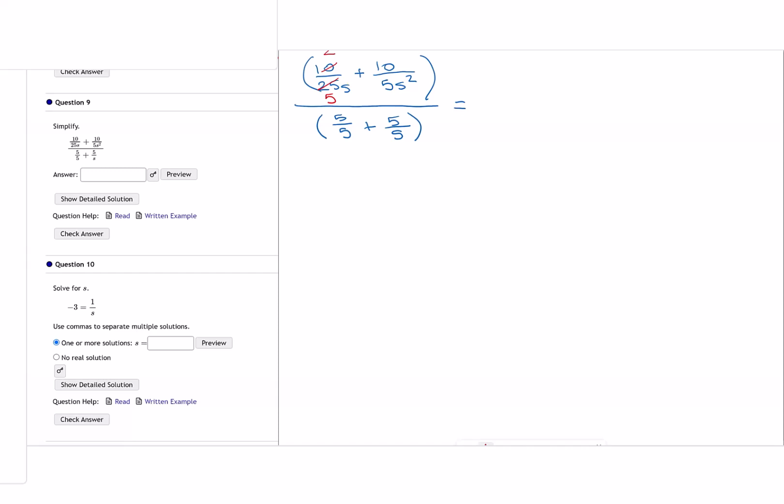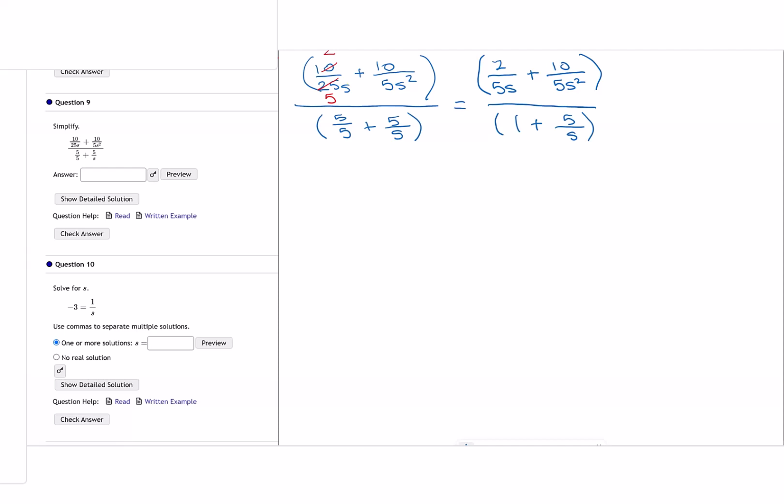Let's rewrite this. We have 2 over 5s plus 10 over 5s squared. Okay, let's leave that. And here we have, well, 5 divided by 5 is really just 1, plus 5 over s.